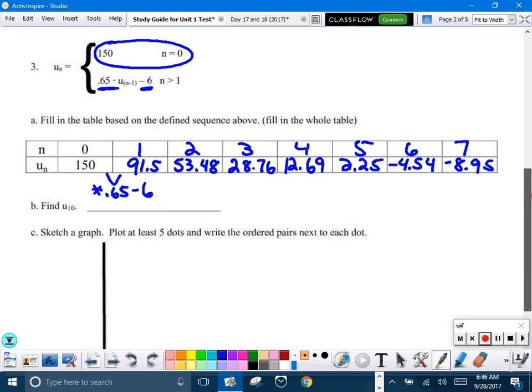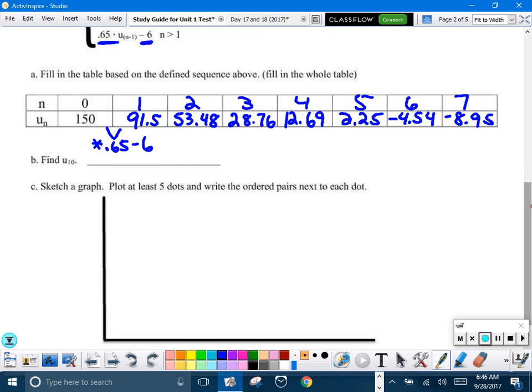And then part B, the 10th number, so just continue. And remember, if you have decimals, you can round to just 2 places. So the 10th number ends up being negative 14.89.